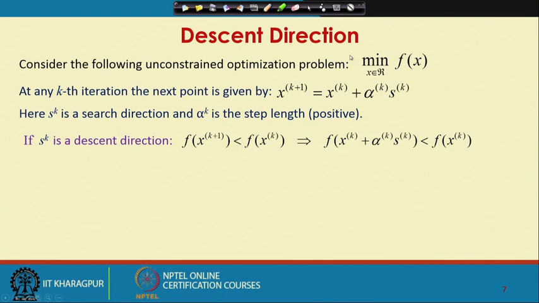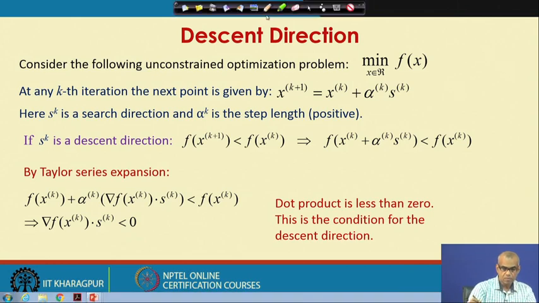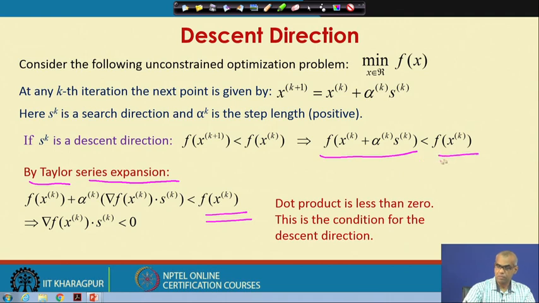Now, I can perform a Taylor series expansion for f of x k plus alpha k s k, and if I retain only the first order terms, I write f of x k plus alpha k gradient of f at x k into s k, that must be less than f of x k, which is same as this. So, this part comes from Taylor series expansion of this.